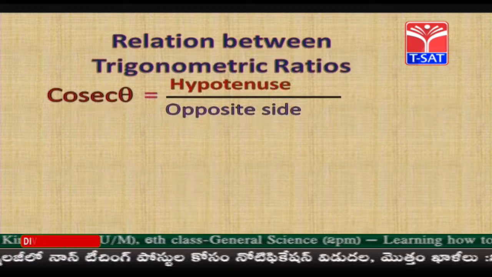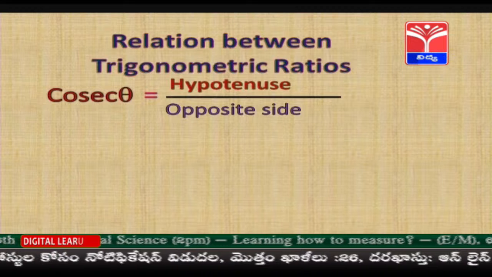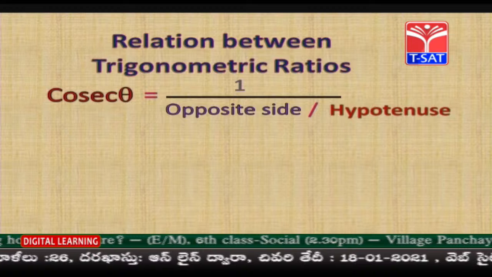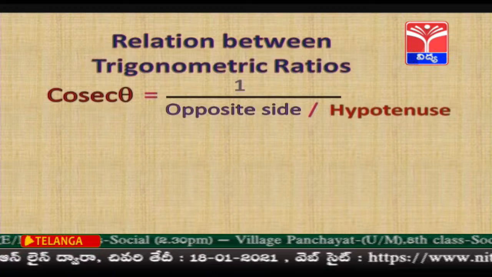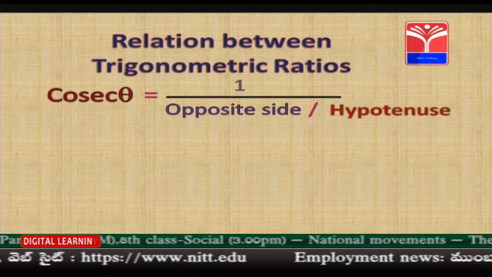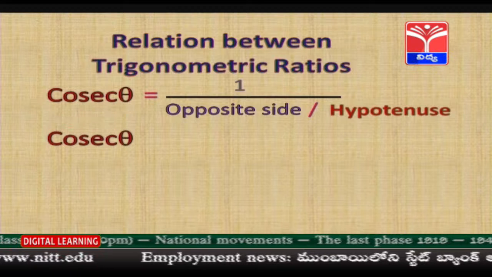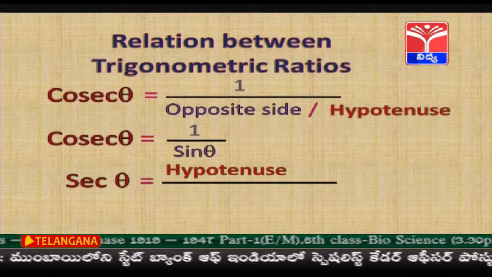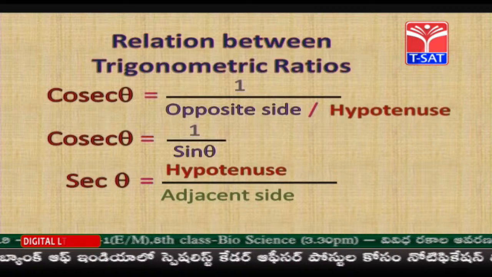Children, now we are going to see the relation between cosec and sin. Cosec is equal to hypotenuse by opposite side, but when the hypotenuse comes down, it becomes 1 by opposite side by hypotenuse, where opposite side by hypotenuse is equal to sin theta. Now, sec theta is equal to hypotenuse by adjacent side.